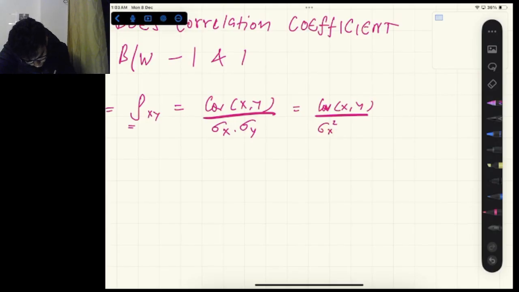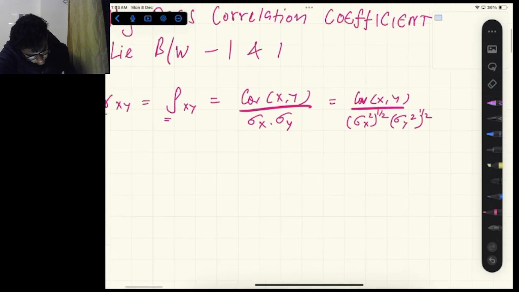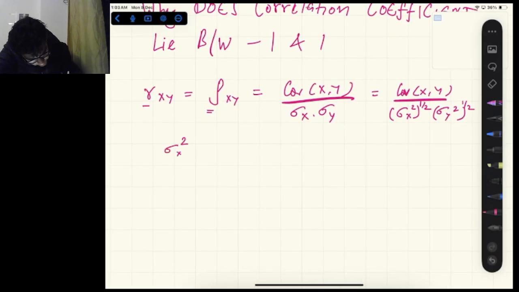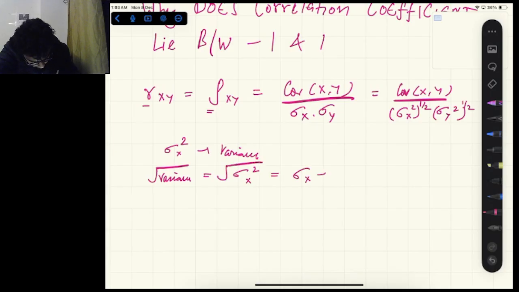and the root of variance of x and the root of variance of y, which is the same thing essentially, because this is variance and the root of variance is sigma x, which is standard deviation of x, right?